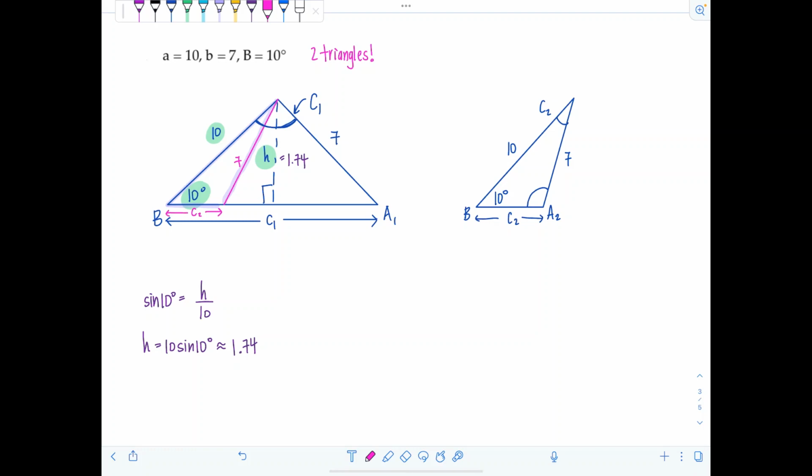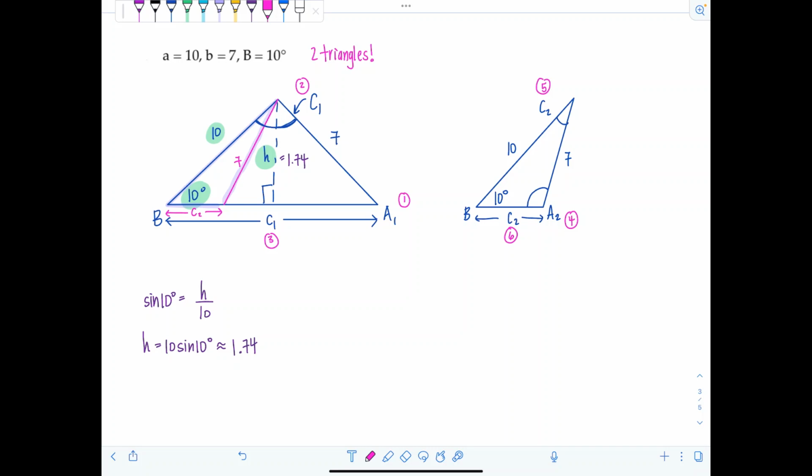Okay. So we're going to solve for both. The process is super similar though. You find A1 first, then C1, then side C1, then you find A2, then C2, then side C2. Okay? Here we go.